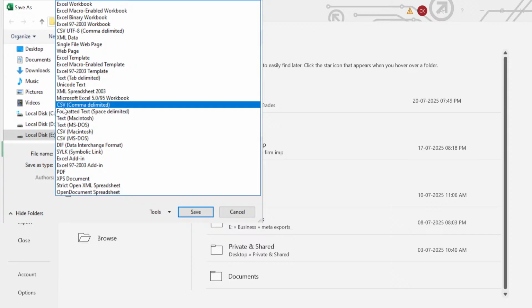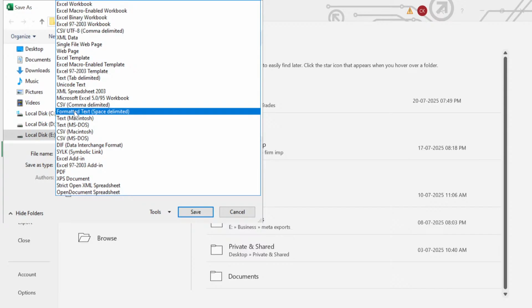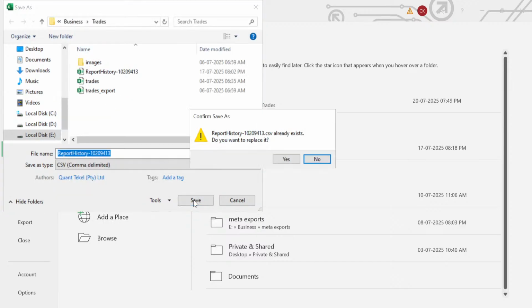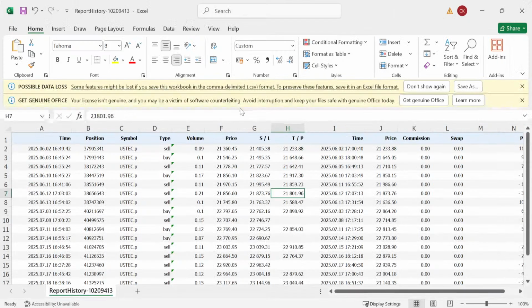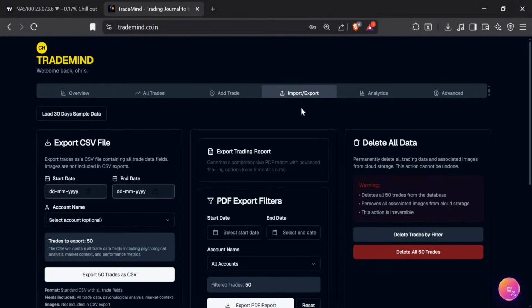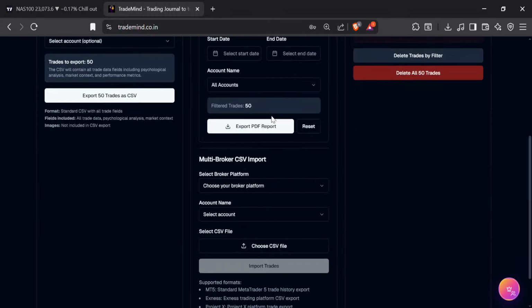There is a thing called comma delimited, so just click on it and save. Once it's done, you can close this file, and you can go to import exports.